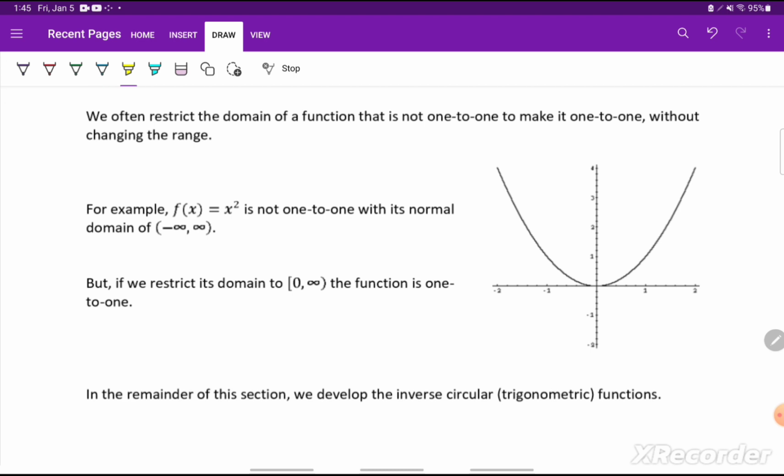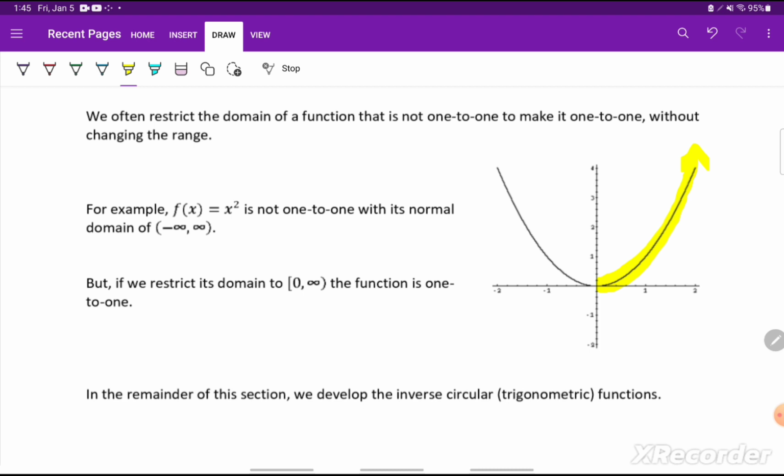But if we were to restrict the domain to 0 to infinity, we'd only be looking at this right portion of the graph. That right portion has a domain of 0 to infinity, and it's maintained the range of 0 to infinity as well. That's the range if we looked at the whole thing. If we just consider this one section of the parabola, it's one-to-one, and we can talk about the inverse.